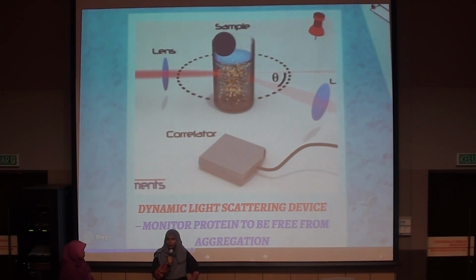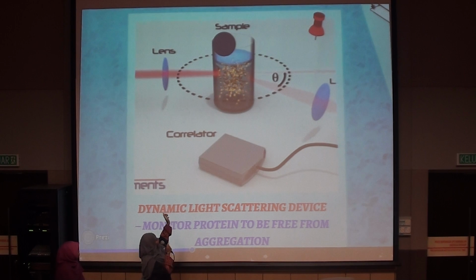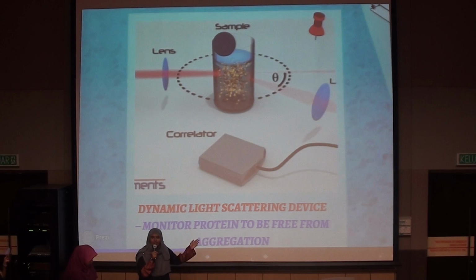So based on this principle, they created DLS. DLS prevents protein aggregation by light scattering, because the light will pass through the sample and it will be diffracted, and the diffracted light will pass through another lens, and go to the correlator, and it will be presented on the PC.